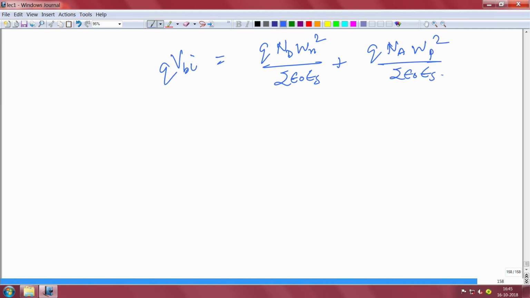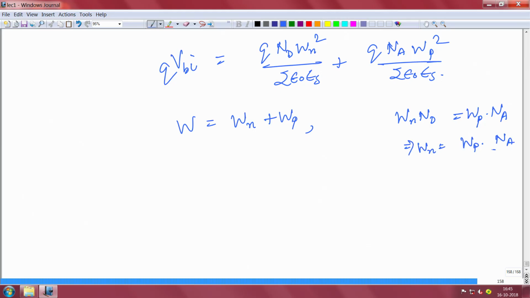Now you also recall that W is equal to Wn plus Wp, because that is the total depletion width. You also recall that Wn times Nd will be equal to Wp times Na, because the charge on both sides is the same. So here I can say that Wn is equal to Wp into Na by Nd.